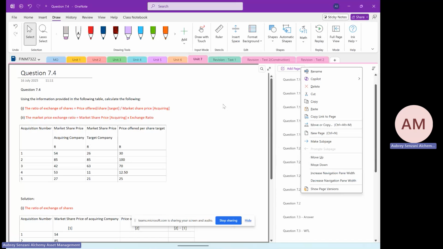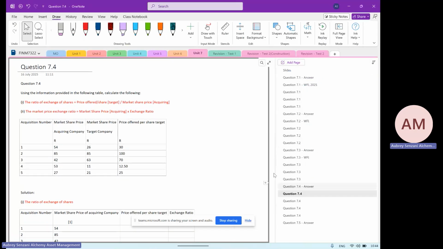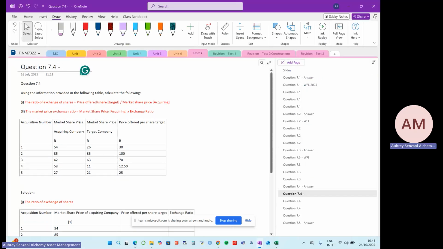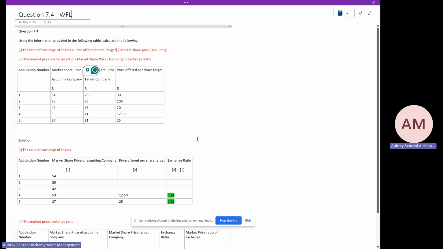Okay, there we go. And then let's label this here. Right, super stuff. So question 7.4, it says, using the information provided in the following table, calculate the following.